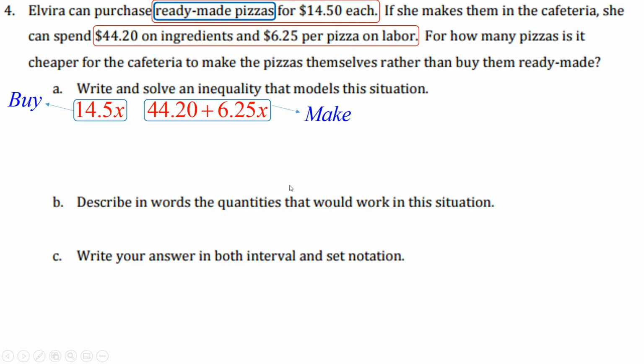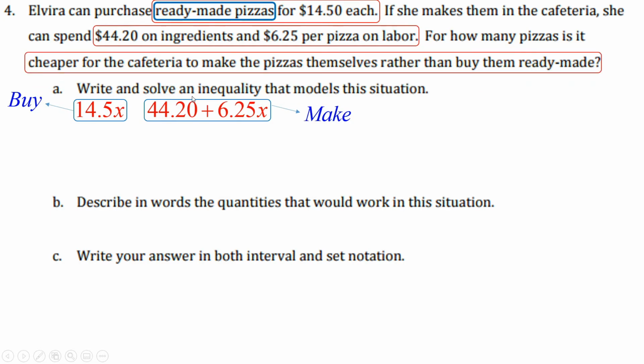All right, now let's answer the question with an inequality right here. For how many pizzas is it cheaper for the cafeteria to make the pizzas themselves rather than buy them ready-made? So we want to know when this expression is less than this expression. So picture your inequality, less than.